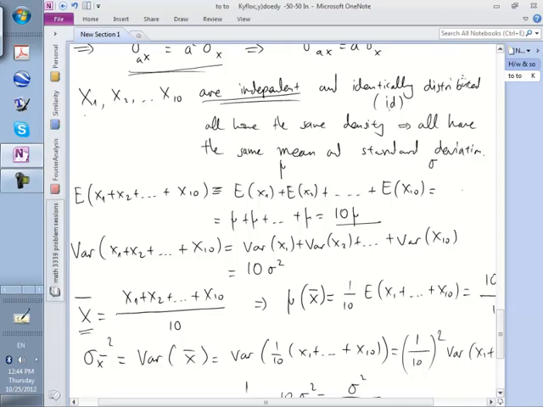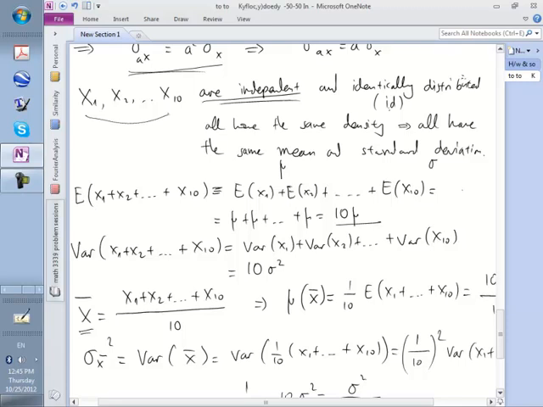So here I had a random sample of size 10, as we call it, because I had 10 random variables, all independent from one another, and all identically distributed. So all properties, including densities, are the same for all of these random variables.